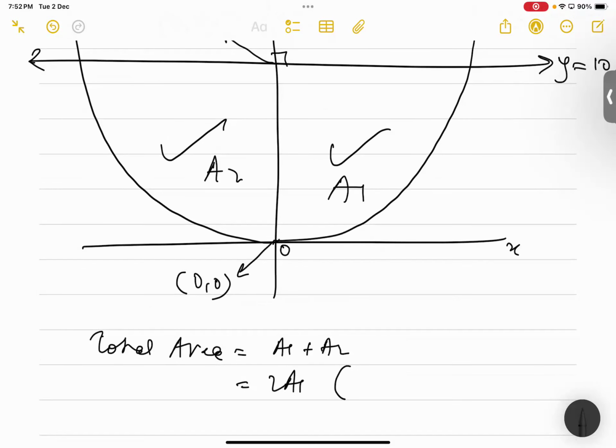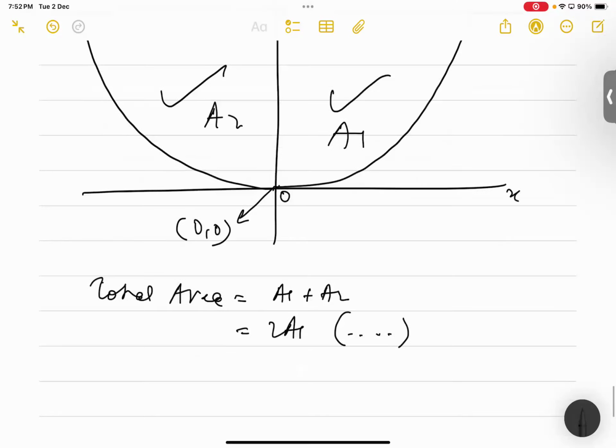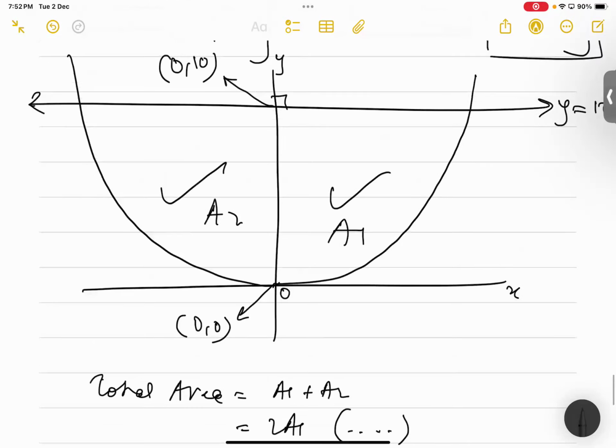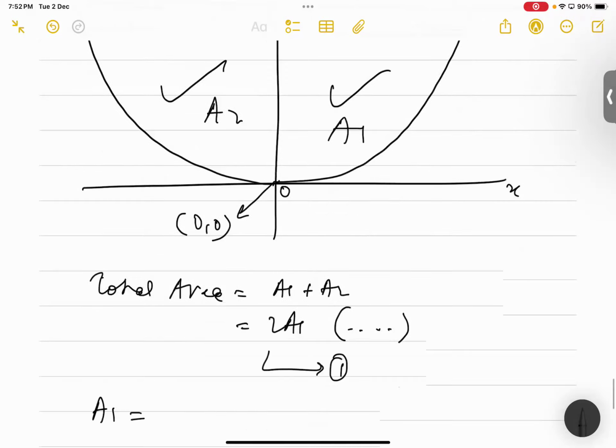So what should we write over here? Due to symmetry. You know the spelling of symmetry, right? Okay. So equation number 1. A1. We are moving along which axis? Because line y equal to 10, we are moving vertically, y-axis.